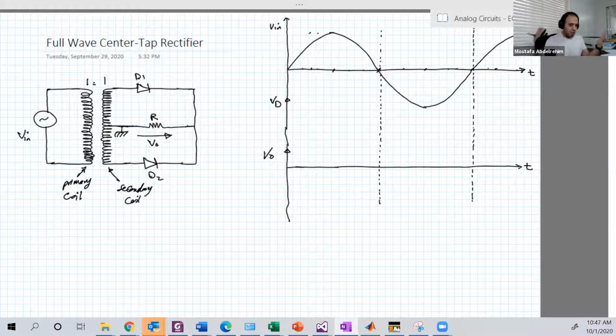Each one has its own number of turns. The one for the input is called the primary coil, the one for the output is called the secondary coil. For the center tape transformer, this secondary coil is divided in two halves with a forced ground in the middle, in the center.